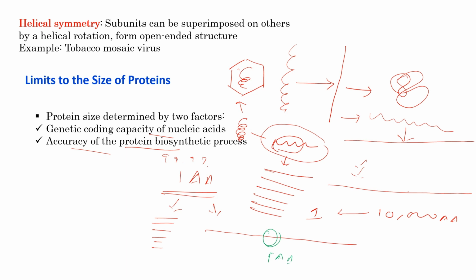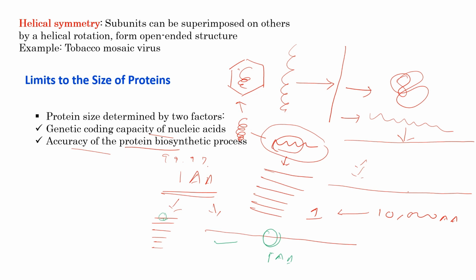Whereas in the case of small multiple polypeptides, if in any one subunit one amino acid is damaged, now you tell me which damage is more prominent. Definitely the damage in the large polypeptide chain, because it has only one active site. So even a one amino acid replacement can change the overall 3D structure of that polypeptide chain, making the protein inefficient.